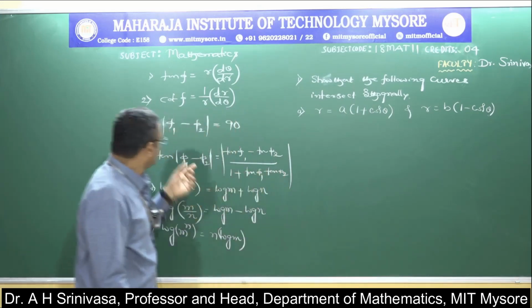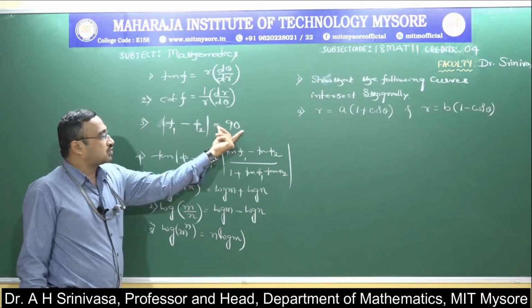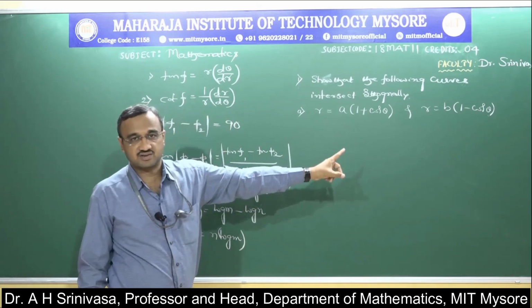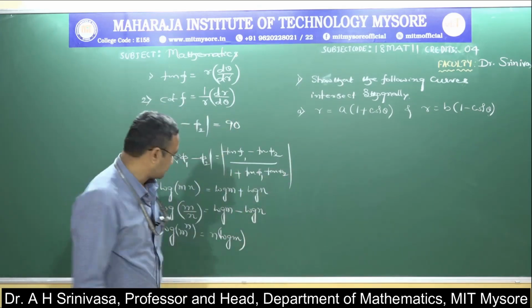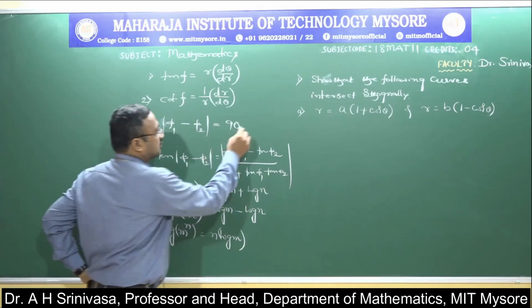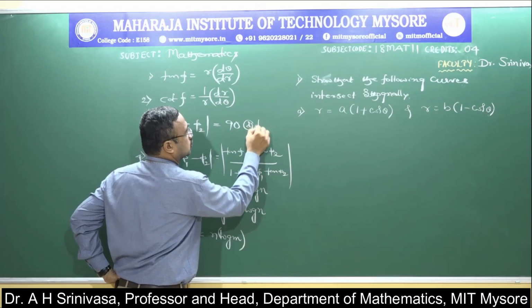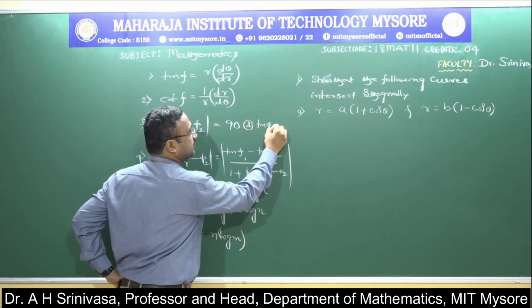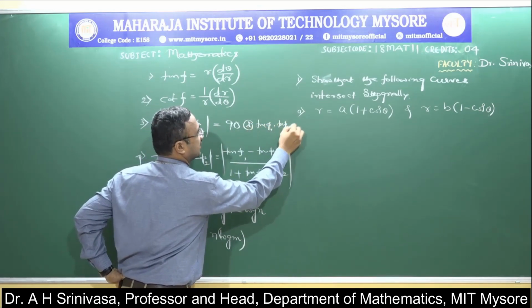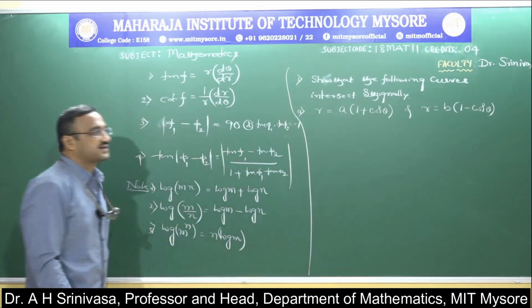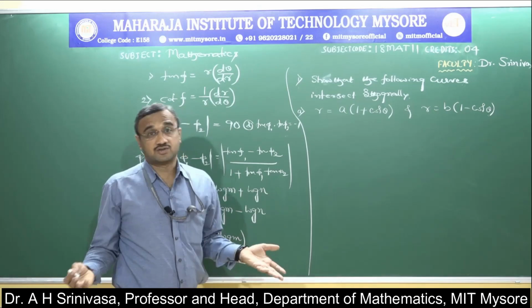Orthogonally means phi 1 minus phi 2 equals 90 degrees. By that, we show that they intersect orthogonally. One more option is there now. We can also write for the two curves: if tan phi 1 into tan phi 2 is equal to minus 1, that also shows that the two curves intersect orthogonally.